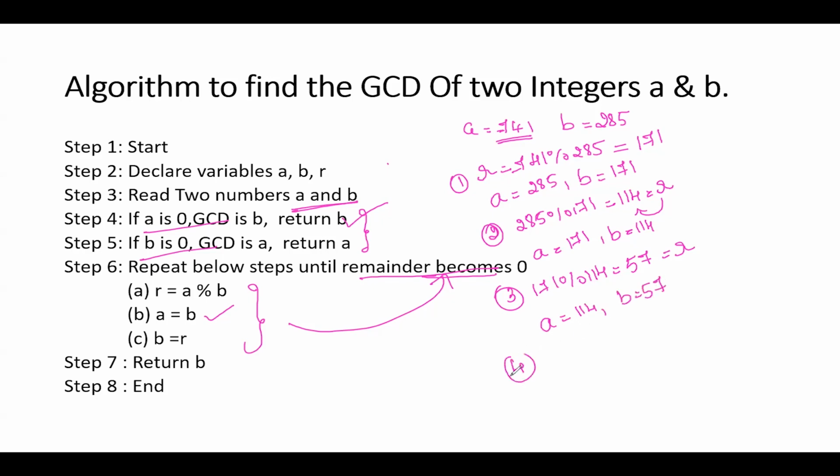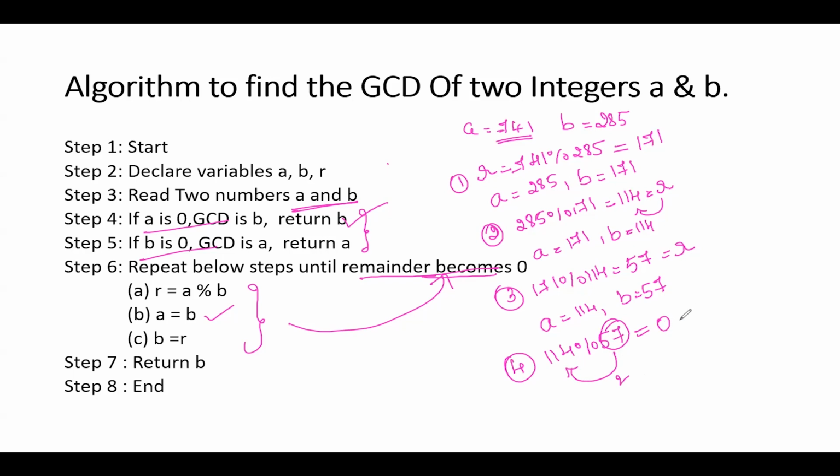Hence, in the fourth iteration, I'm going to do 114 mod 57. 57 twos are 114, since 50 plus 50 is 100 and 7 twos are 14. Hence 0 will be the remainder, as 57 completely divides 114 twice.